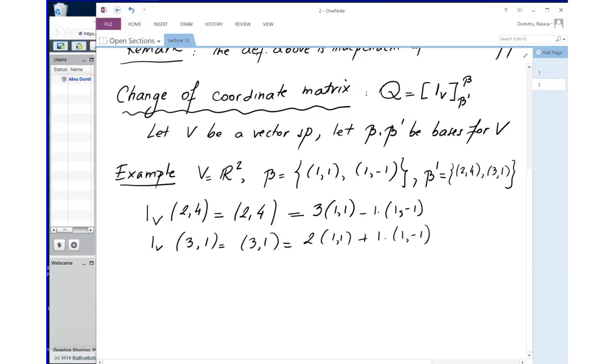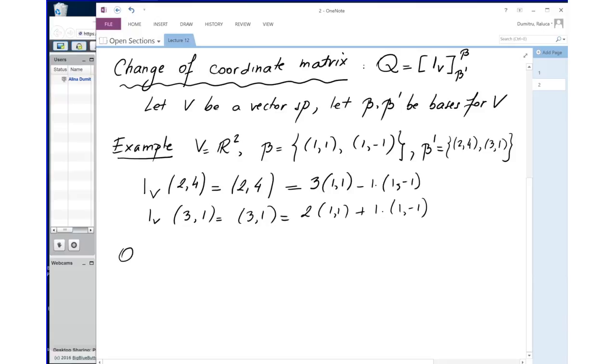So the matrix Q, or the matrix of the identity from beta prime to beta, is given by the coefficients of the first vector expressed in the basis beta, so 3, negative 1. That's the first column. And then the second column is 2, 1. Okay, so that would be the change of coordinate matrix, but what exactly does it do?